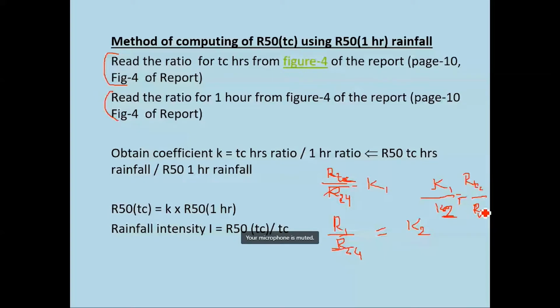R50 1 hour is known. So R50 TC can be found out. Is it clear? Anybody has any confusion? Please tell so that I can go ahead. Any participant? Do you have any confusion? No, sir, clear.